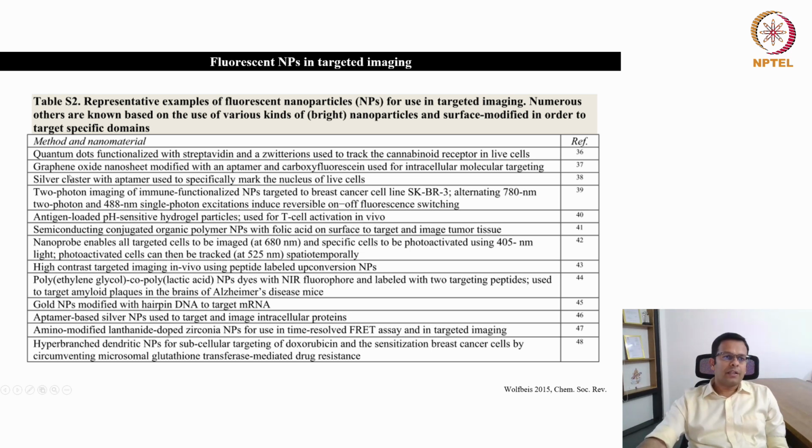Then graphene oxide nanosheet modified with an aptamer and carboxyfluorescein used for intracellular molecular targeting. So these are different ways people have targeted nanoparticles for specific biological applications, and whatever you find interesting, you can go into the details by following these references.